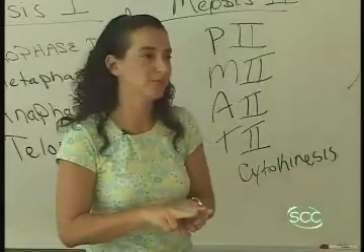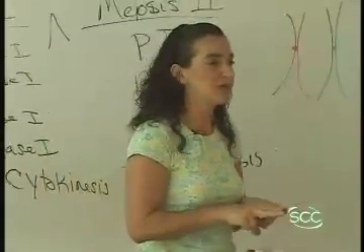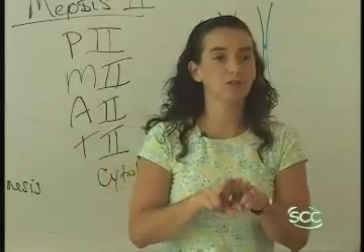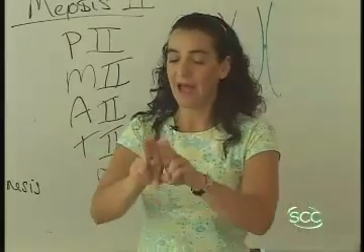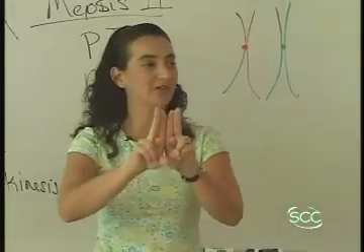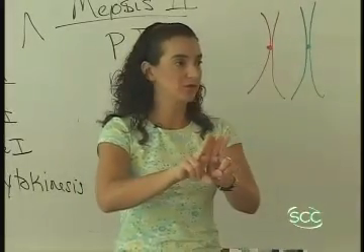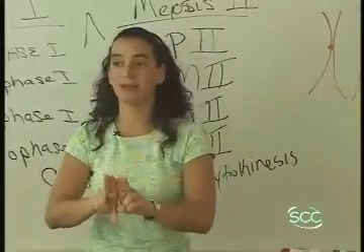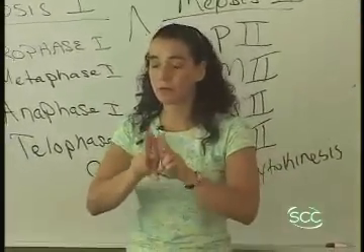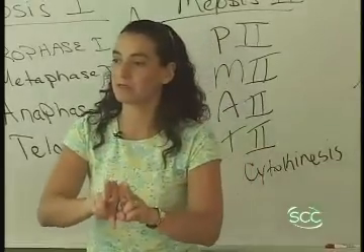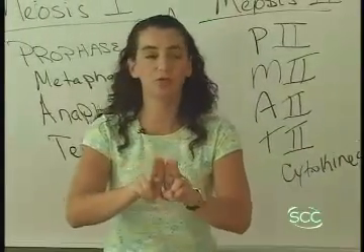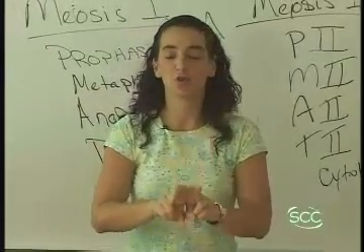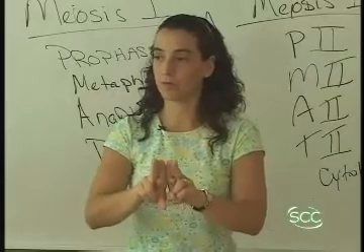But here's the thing. During prophase 1, and only during prophase 1 of meiosis, after this synapse has occurred, after these tetrads have formed, a phenomenon happens that is only happening in sexually reproducing organisms in meiosis 1, in prophase 1. And what that is known as is crossing over.